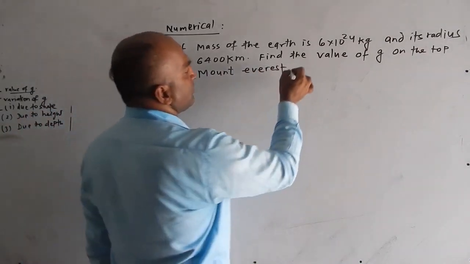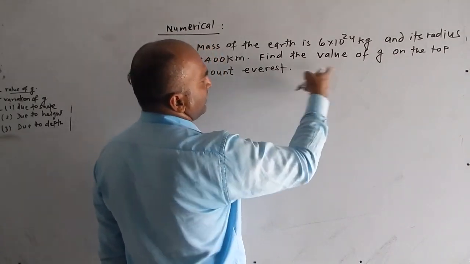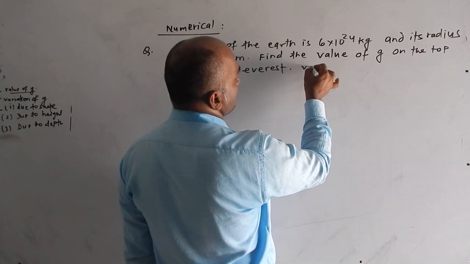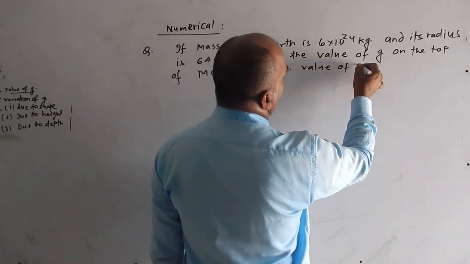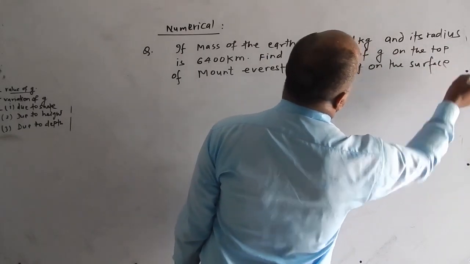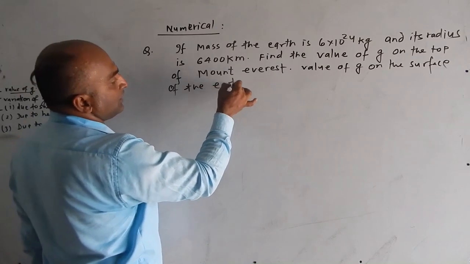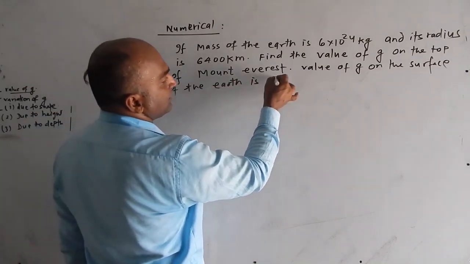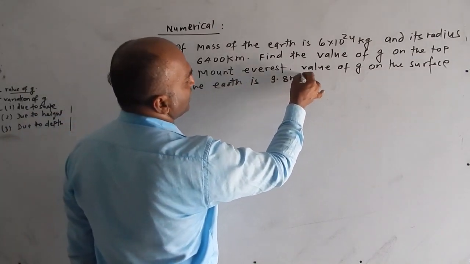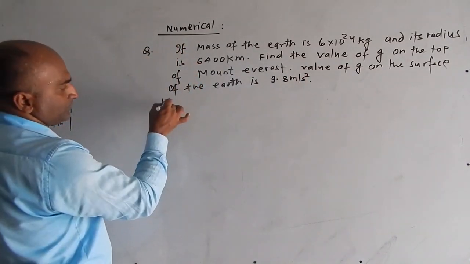On the top of Mount Everest, you have to calculate the value of acceleration due to gravity. The value of small g on the surface of the earth is given, this is 9.8 meter per square second. We have to use this here.